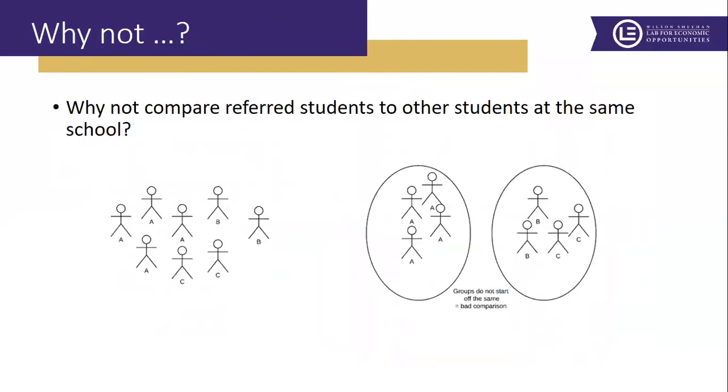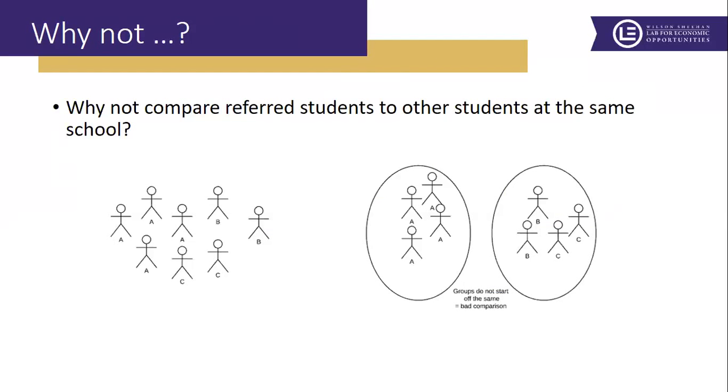And so some questions that have come up as we've been talking about this research design: why not compare referred students to other students at the same school? So why can't we include the referred students in the study? That's because most referred students are the students that principals have chosen as the highest risk, highest need students.